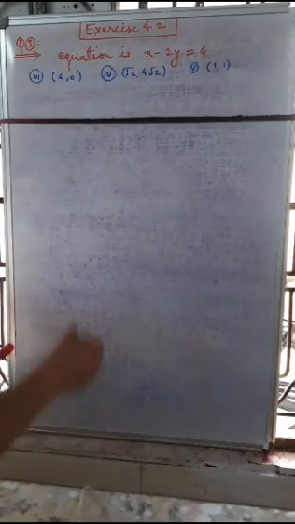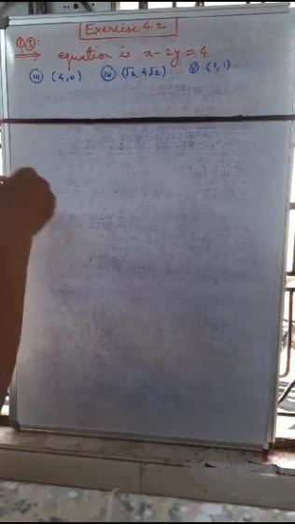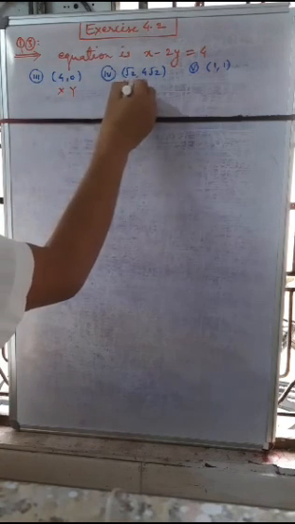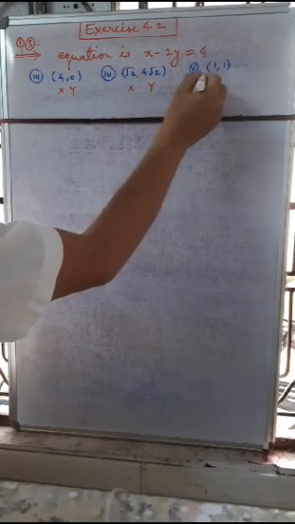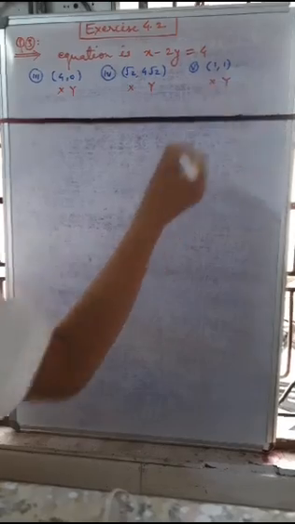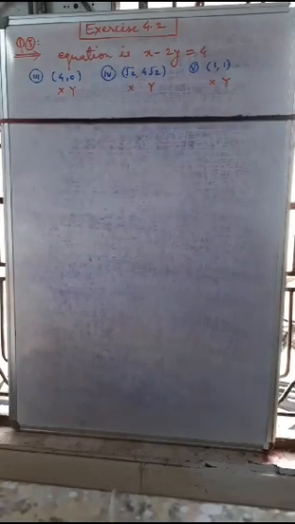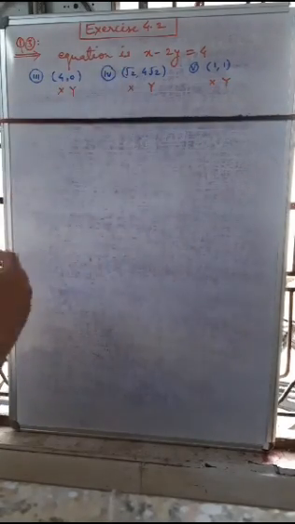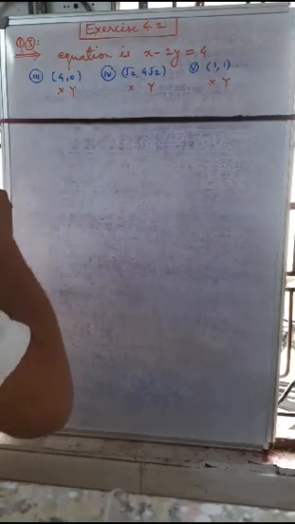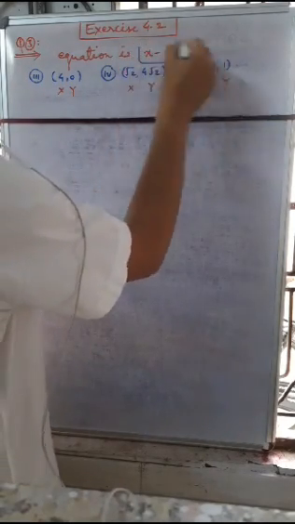So how to check? In each, the first value belongs to x, and the second value belongs to y. So in the equation I will put these values one by one to check whether it is a solution or not.